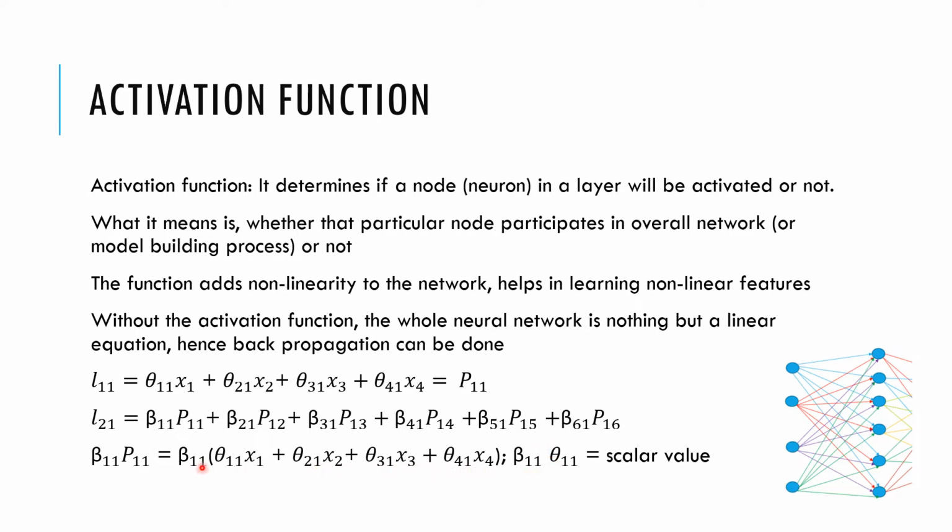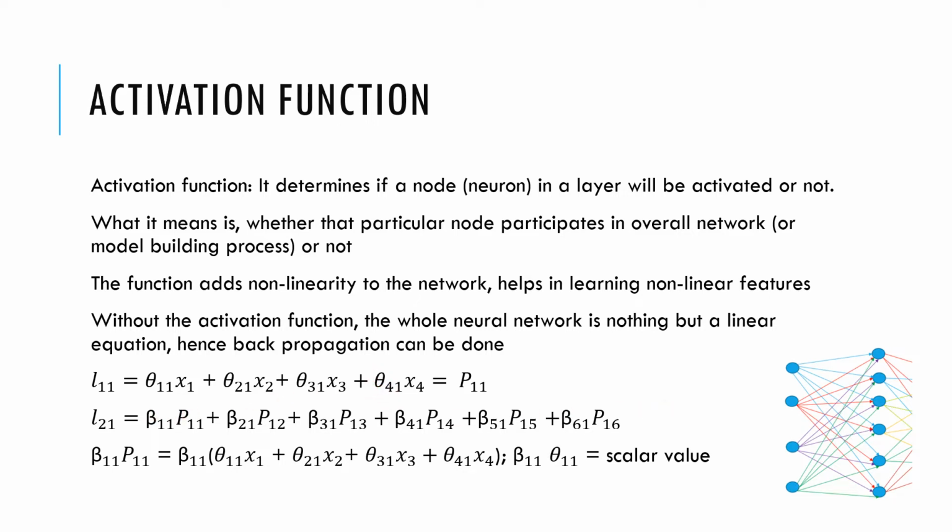And if you look at this term, beta and theta, if you multiply, what you're getting is a scalar value. So this term gets reduced to a linear equation. Only thing is, instead of theta and beta, we have got theta into beta for each term. If you expand this, you will get the same linear equation. And if you add all of them together, you'll get nothing but this same equation where this theta will be changed to a different value. That's all.